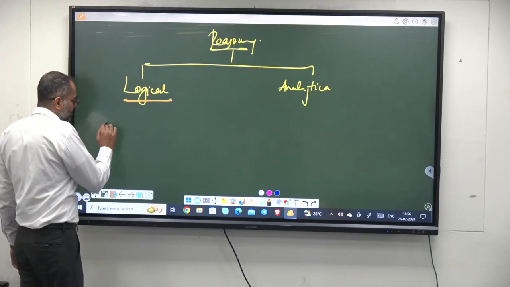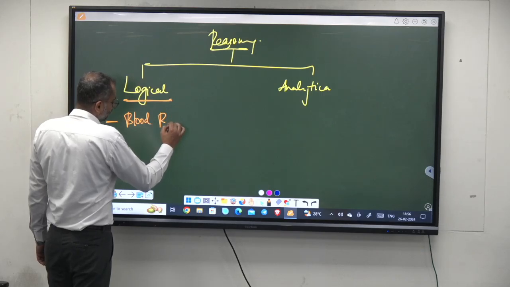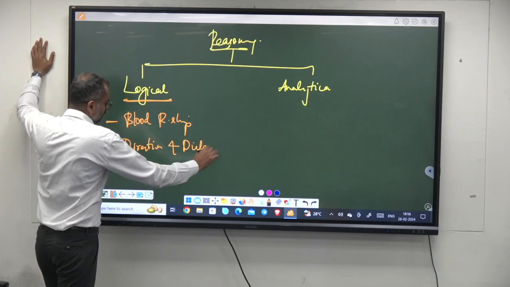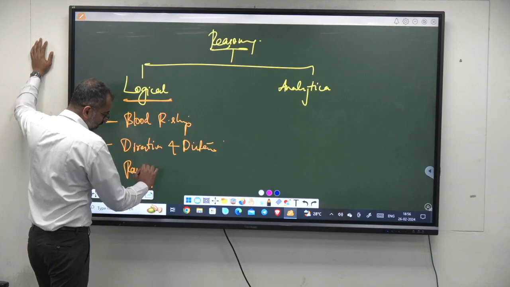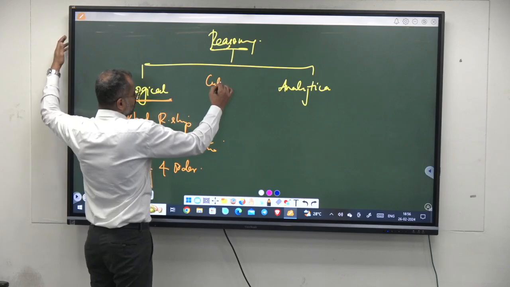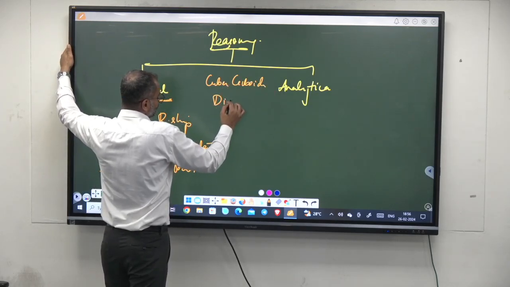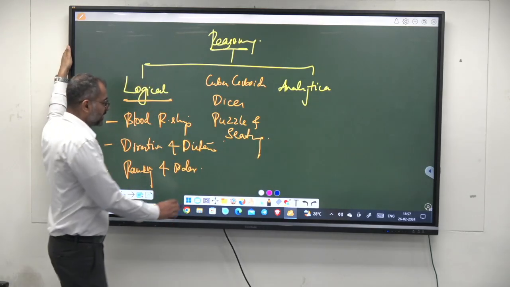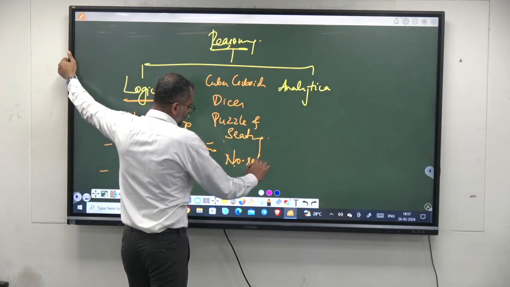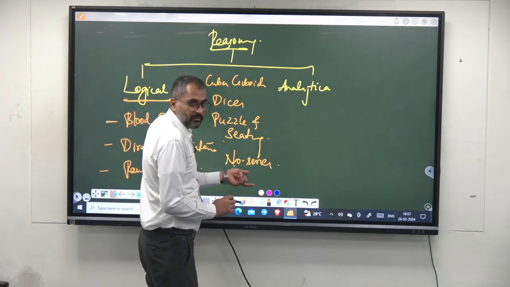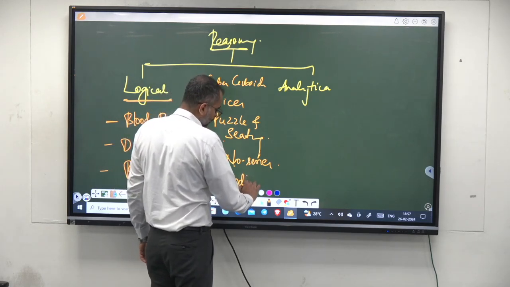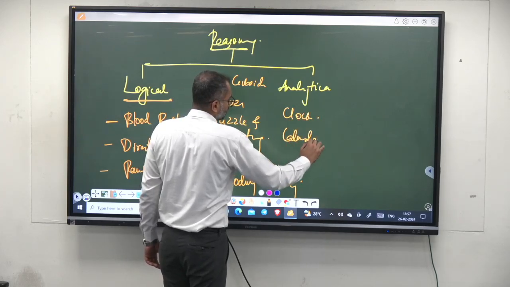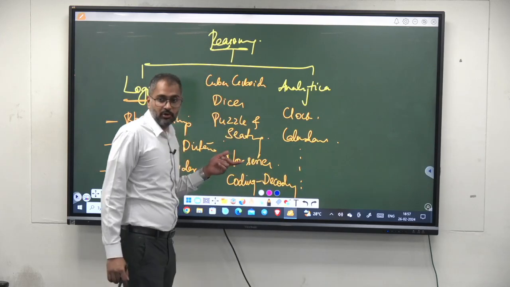What are logical reasonings? These are logical reasoning: blood relationship, questions on directions and distance, ranking and order, cubes, cuboids, dices, puzzles and seating, number series or missing numbers, coding, decoding, which is also called alphanumericals, clocks, calendars, and some miscellaneous inequality, input, output kinds of questions.